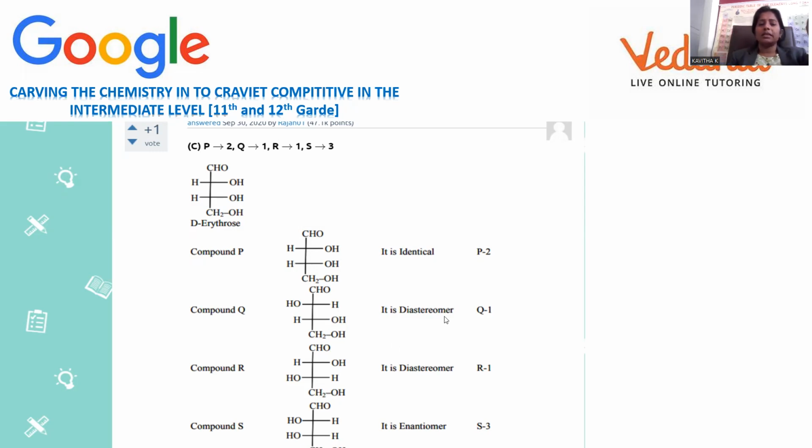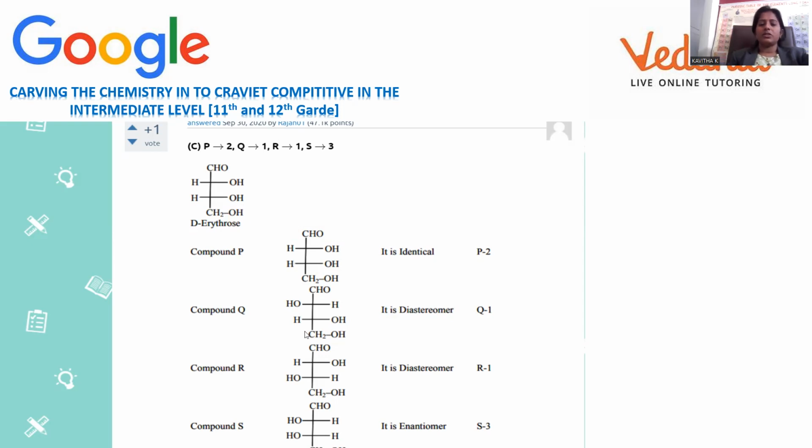So the condition for diastereomers: neither superimposable nor mirror images. If you put a plane in between these two, you can't identify, both are not exactly resembling. And if the molecule is placed on this, it is not superimposing, so superimposability is not there.